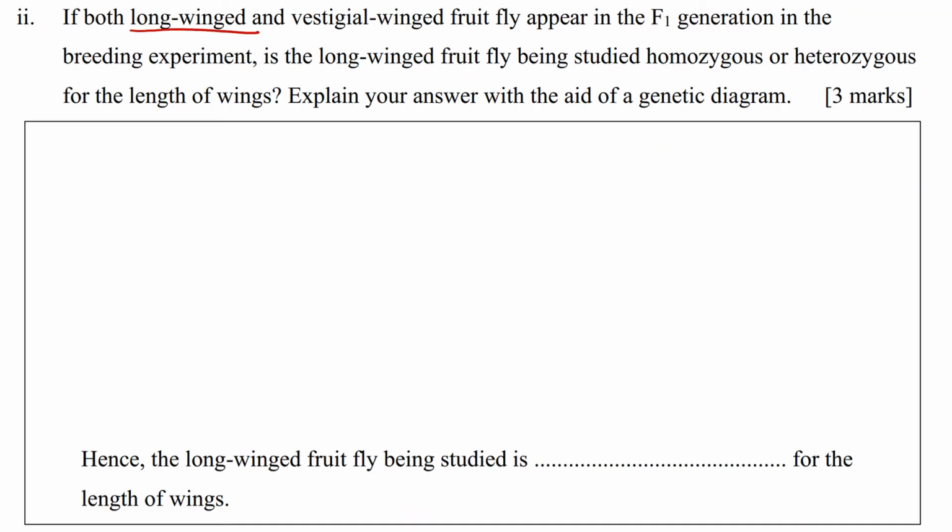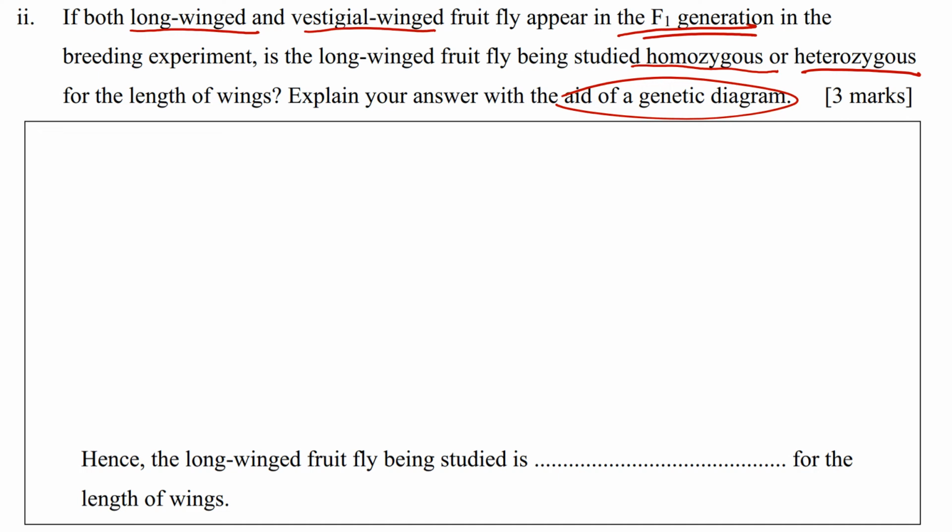So if the long wing and vestigial wing flies both appear in the first generation of the breeding experiment, that means in the test cross, is the long wing fly homozygous or heterozygous? Can you explain with the help of a genetic diagram? Think before you do. A few minutes ago, I gave you 2 cases. The first case, homozygous dominant, gives only 1 type of offspring.